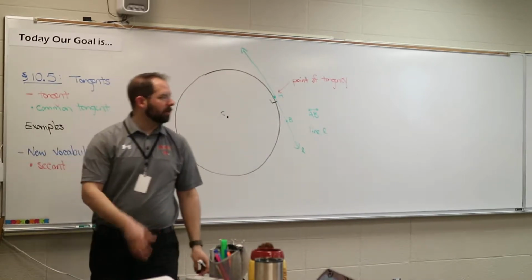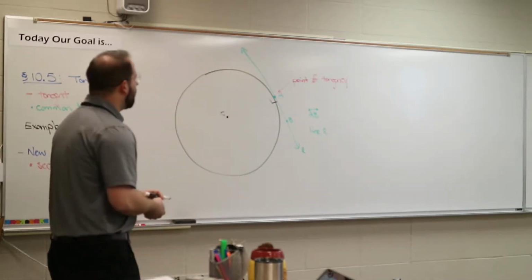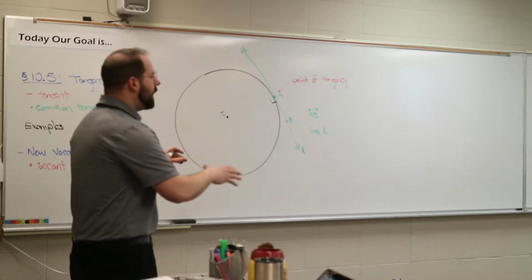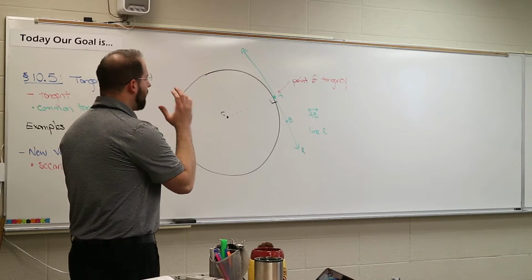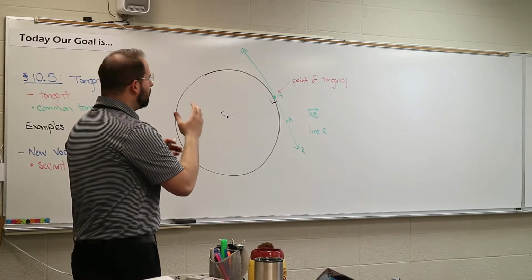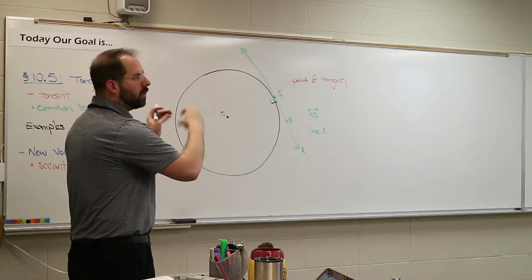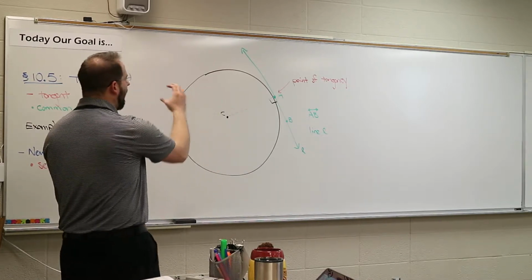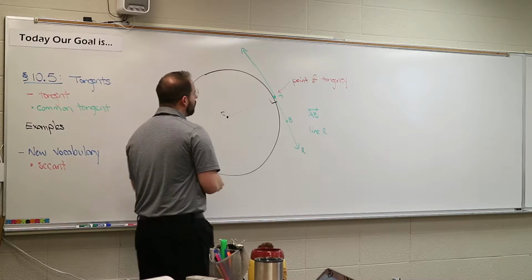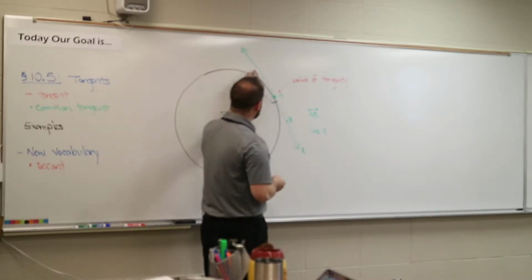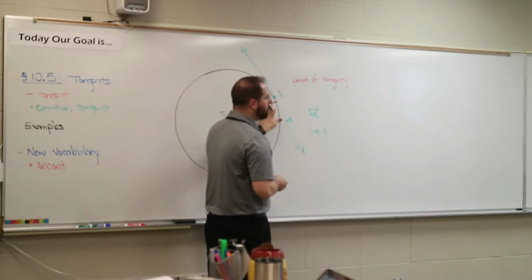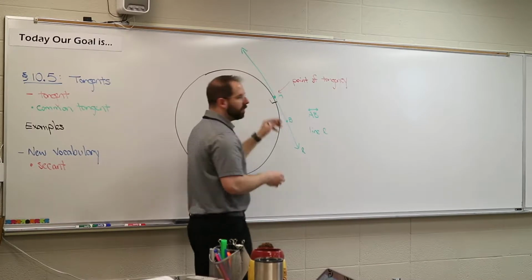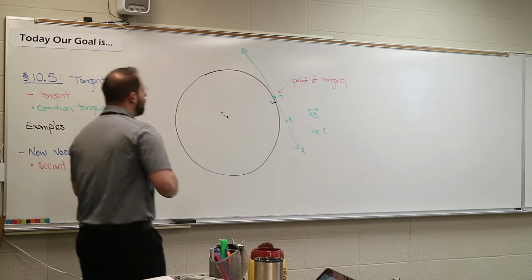That was theorem 10.10 from Friday: in the plane of a circle, a line is tangent to the circle if and only if it is perpendicular to the radius at the point of tangency. So the only reason this is a tangent is because it's perpendicular to the radius at that point. If it wasn't a 90-degree angle there, that would not be a perfect tangent line.